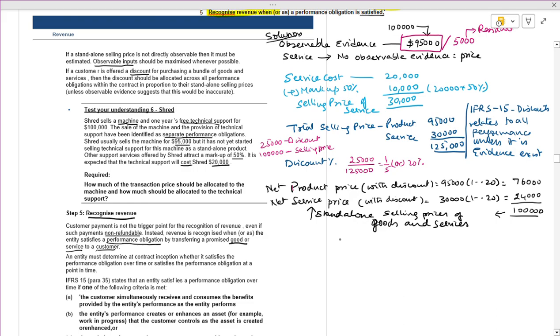If I have taken money and I am not performing, definitely I cannot claim that money as revenue. An entity must determine at contract inception whether it satisfies the performance obligation over time or at a point in time.